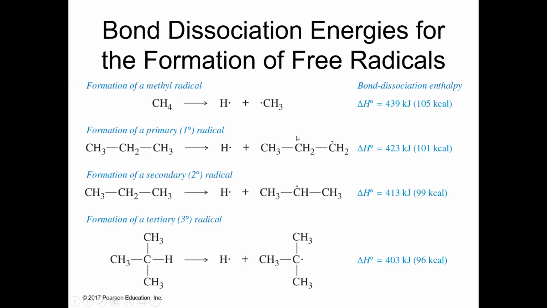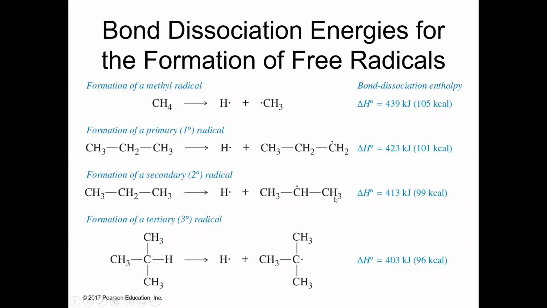For a primary radical, formation of a primary radical, that's 423. Okay, so you can see that the first carbon, the N carbon in propane, has a weaker bond association energy than methane.